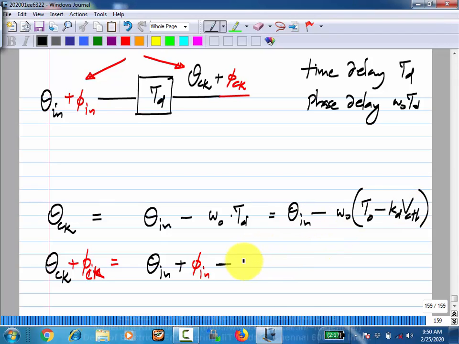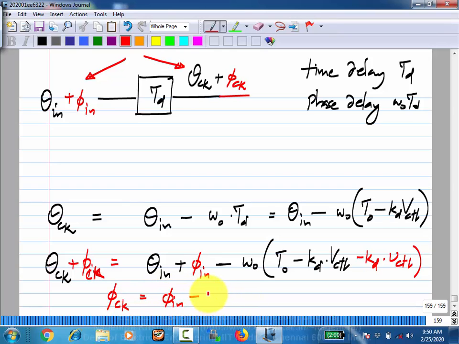And now Td is T naught minus Kd times the operating point V control minus Kd times the incremental V control. Okay. So if I take the relationship between only the incremental quantities, I will have phi n minus omega naught, plus omega naught Kd V control.